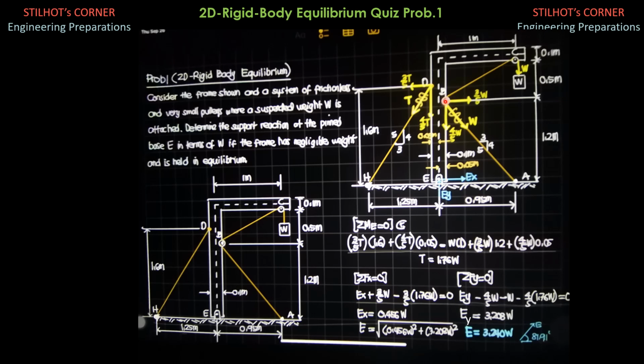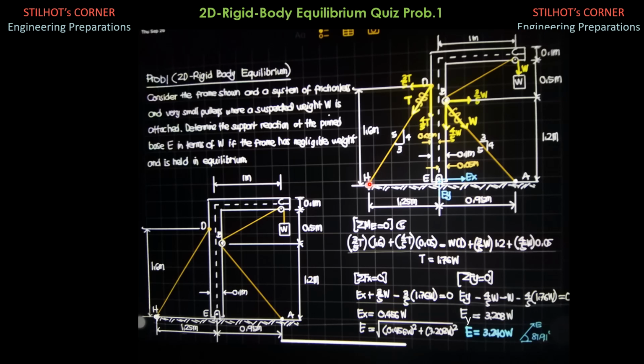Then for W, the horizontal component is W times 3 over 5, so that's 3/5 of W. The vertical component is W times 4 over 5. So this is now the complete free body diagram with components of reactions, assuming positive EX and EY.